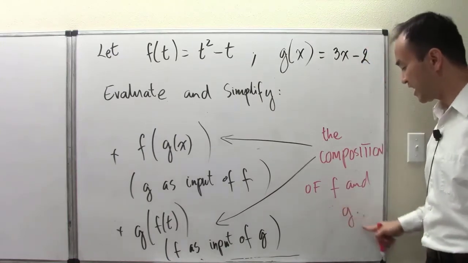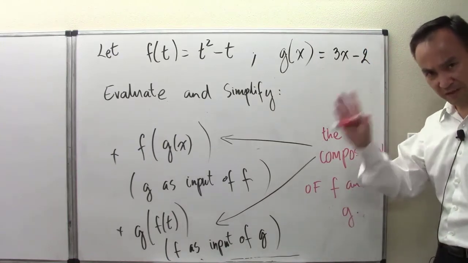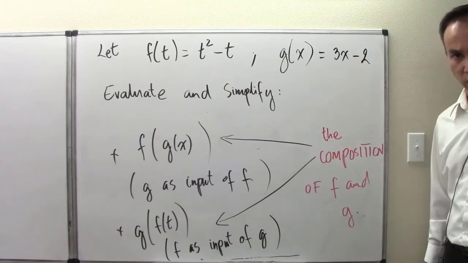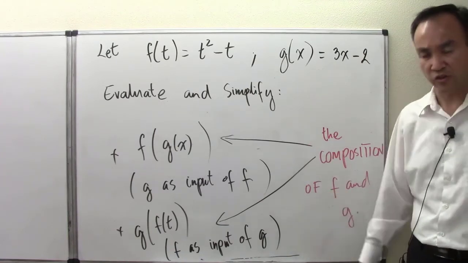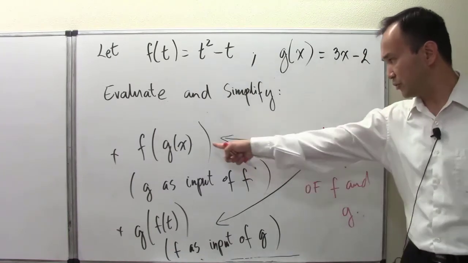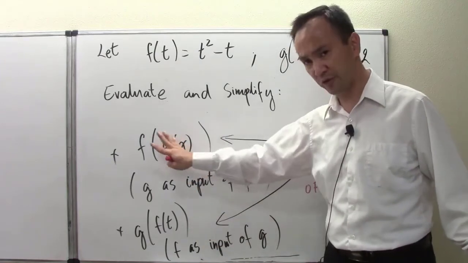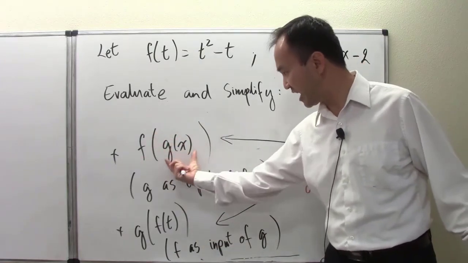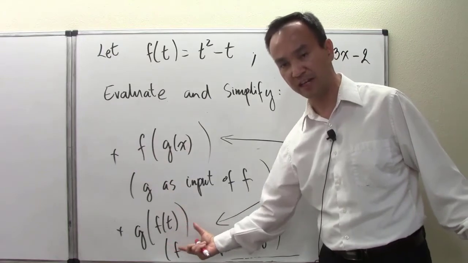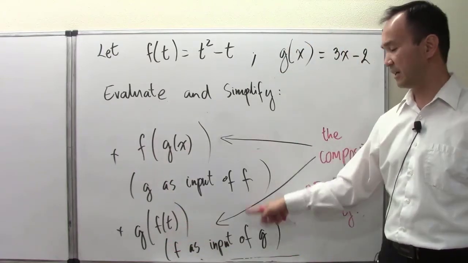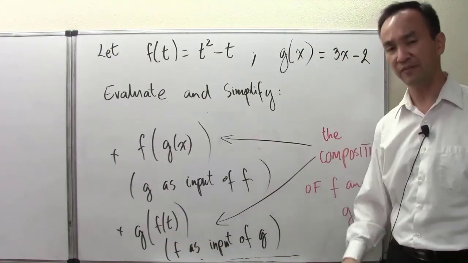And I don't even need to write the variable's name right here. Just f is a rule on its own, g is a rule on its own. They could be even the same function right there, but that's what the composition of the two functions is. You have two ways of doing composition. You can put g as the input of f, or you can put f as the input of g. But any one of these is called the composition of f and g right there.